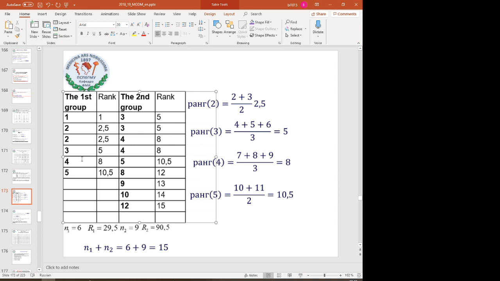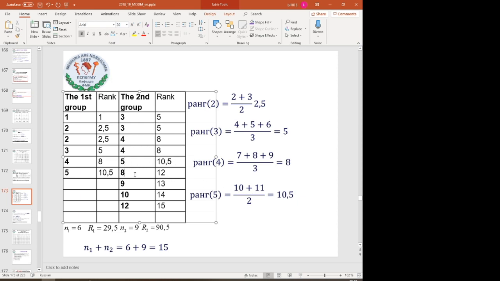After that we have three fours, and ranks 7, 8 and 9 go there equally, so every element gets 8. After that we have 10 and two fives. We have 10.5 ranks, so 10 and 11.